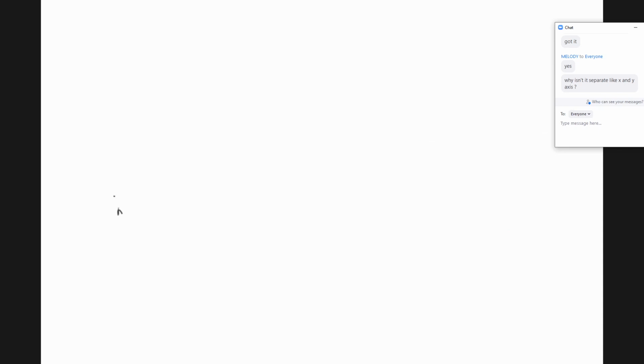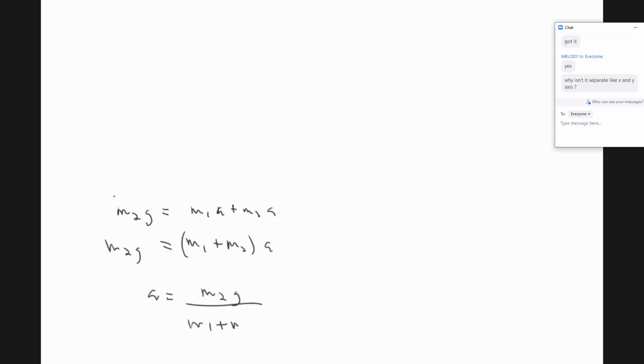So M2G is equal to M1A plus M2A, factor it out, so M1 plus M2 times A, so A is equal to M2G divided by M1 plus M2. Apologies, I deleted that slide. Fat fingers.